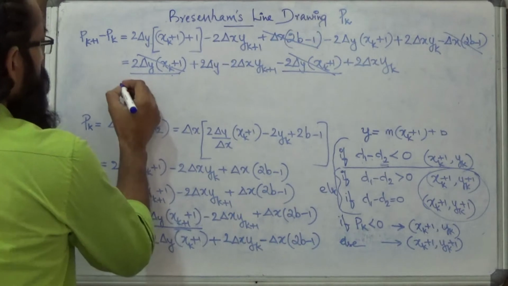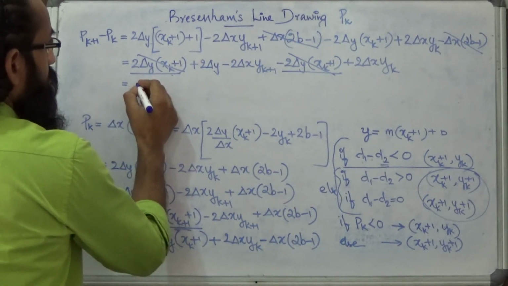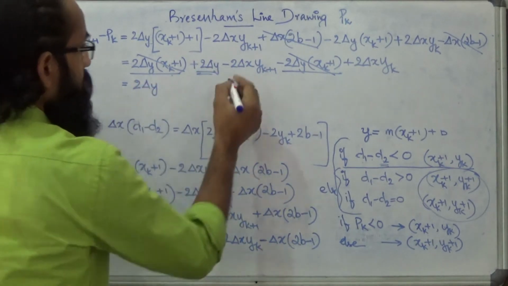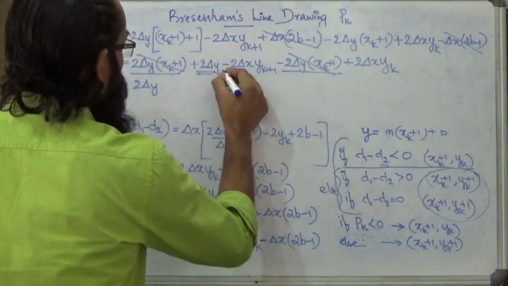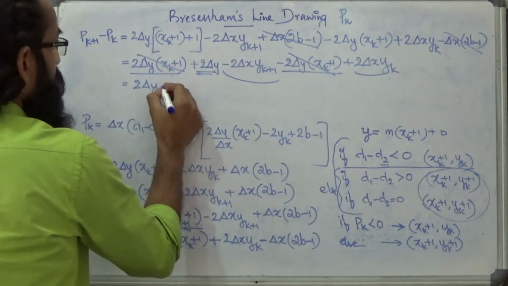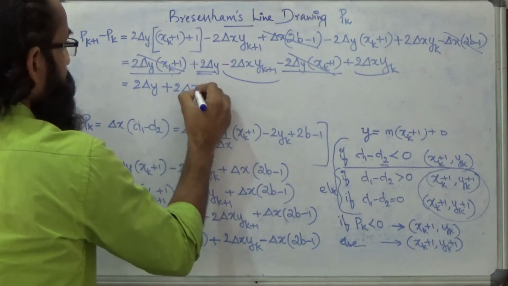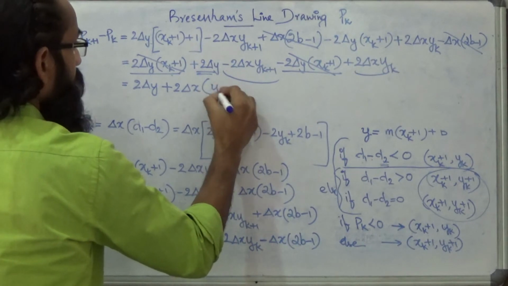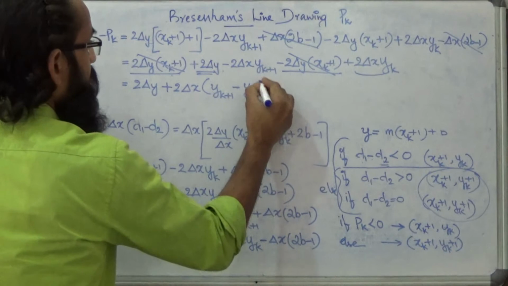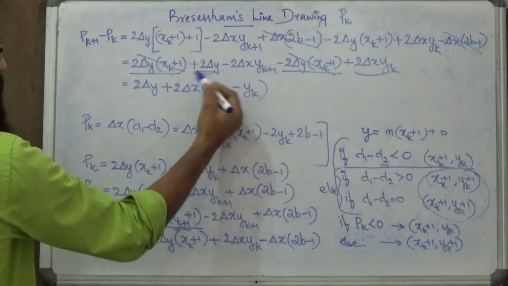So this will be equal to 2 delta y, this term, and I can combine these two terms, plus 2 delta x into yk plus 1 minus yk. So I have taken 2 delta x outside.